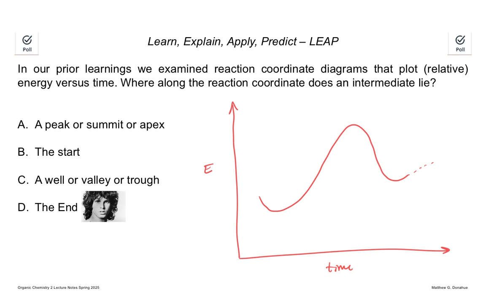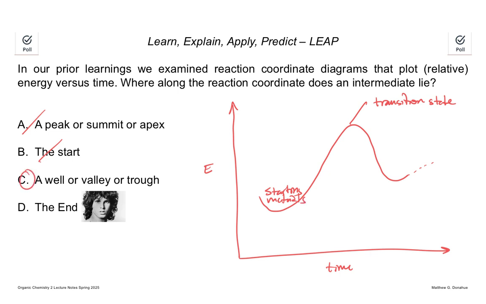What? At the peak? No. What's it called at the peak? Transition state. So it can't be A, can't be B, because that's your starting materials. So it's got to be C.